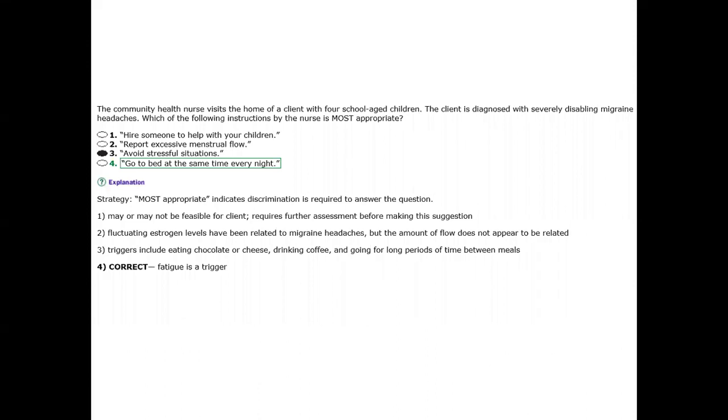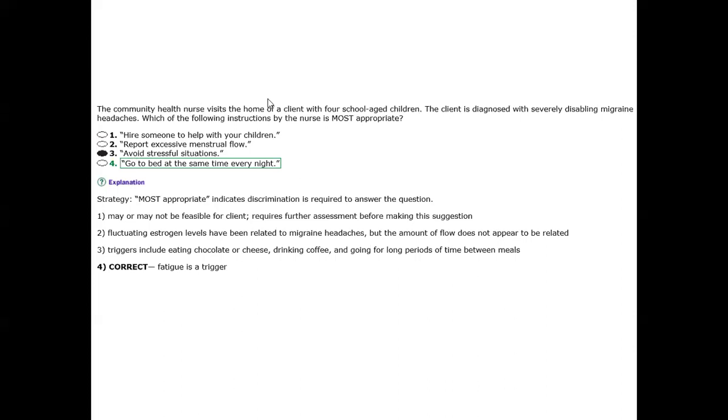Right? So, 4 options here. Number 1, hire someone to help with the child; report excessive menstrual flow; avoid stressful situations; and go to bed at the same time every night.